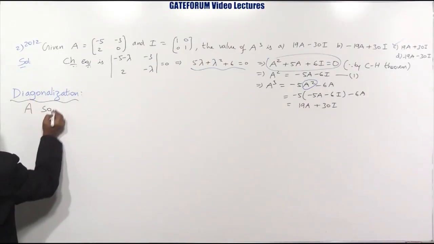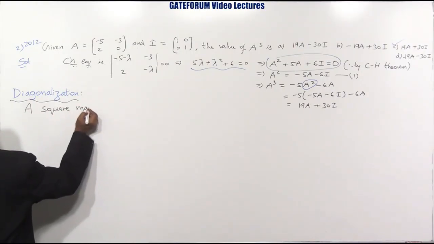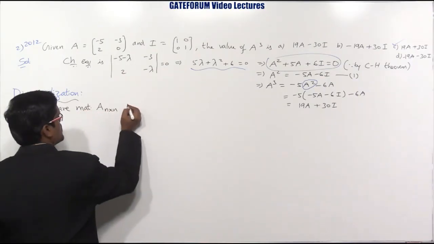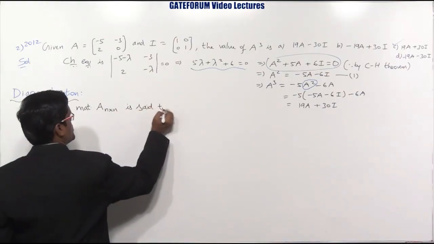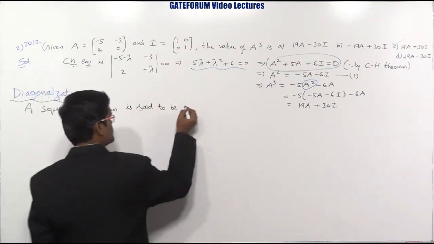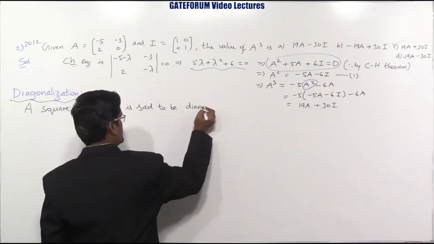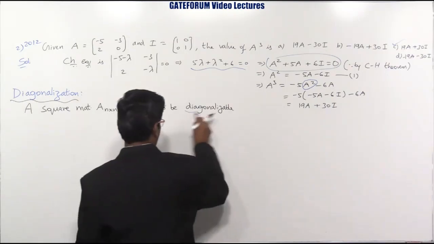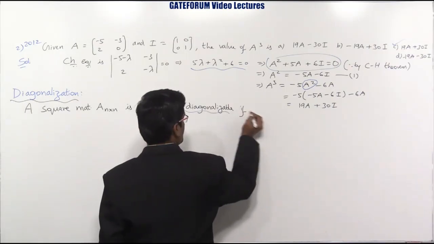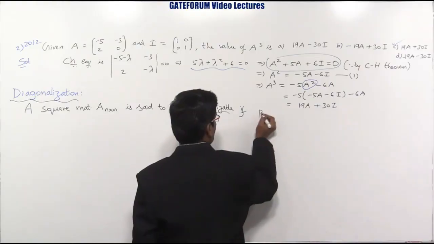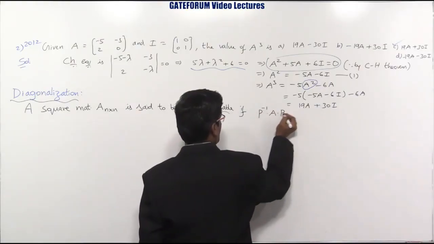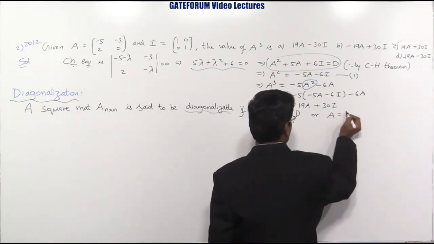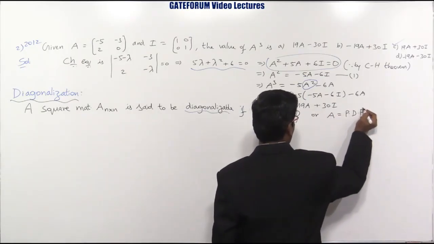A square matrix A, n cross n, is said to be diagonalizable if P inverse into A into P is equal to D, or A is equal to P into D into P inverse.